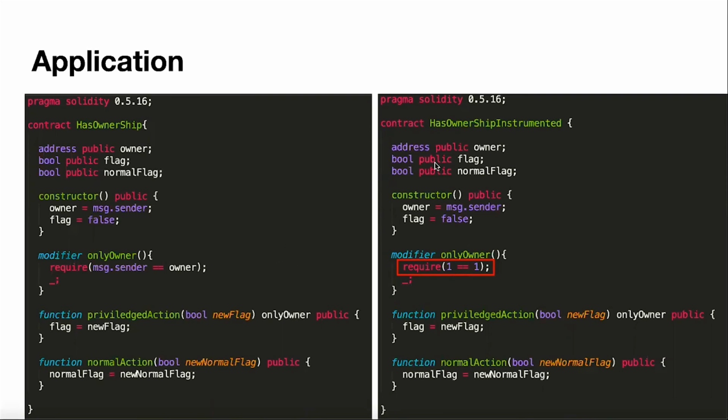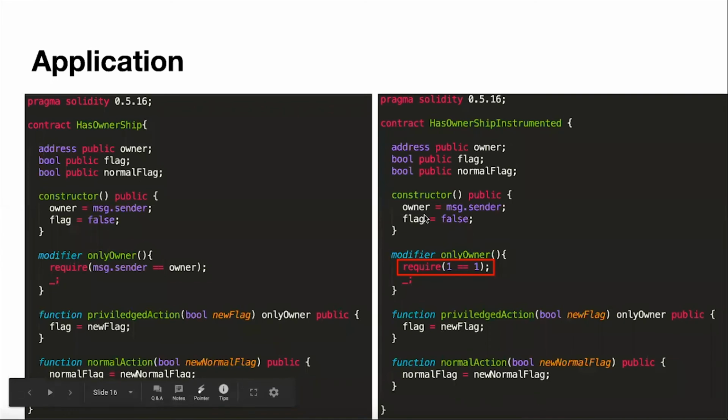What I'm showing right here is that on the left side is the original contract, and on the right side I only modified one line. But in reality, it doesn't have to be so. I can modify it to become any contract.